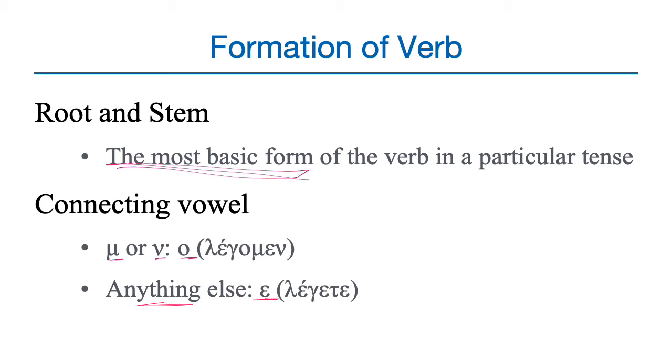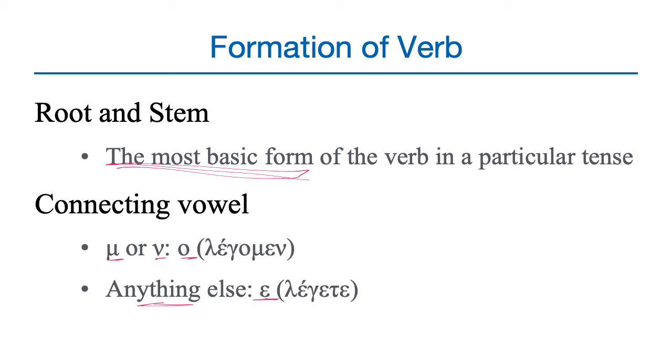When it comes to how we form the present active indicative, we begin with the root and stem. The root and stem equals the most basic form of the verb in a particular tense. That is, basically, what do you have to have in the verb in order to add the connecting vowel and the personal endings? Connecting vowels are the omicron or the epsilon, depending.